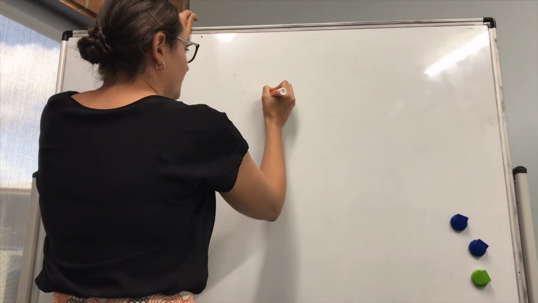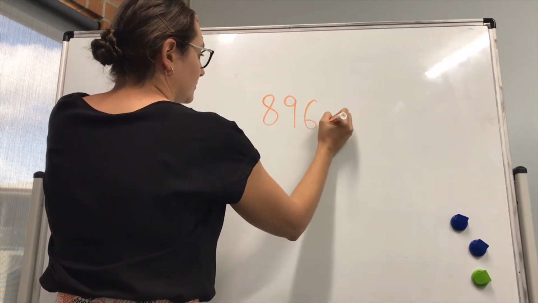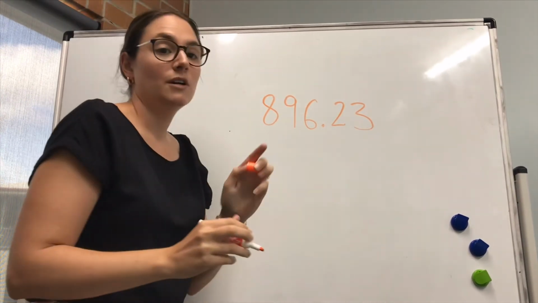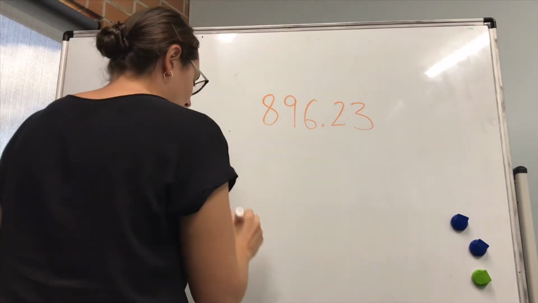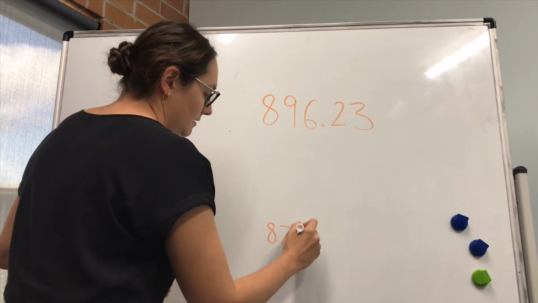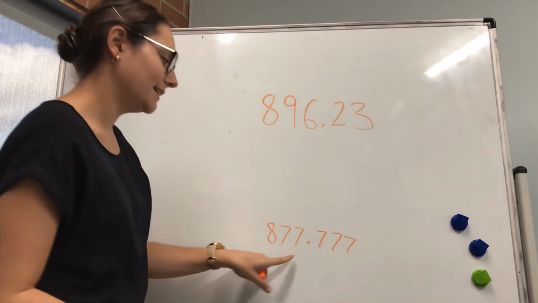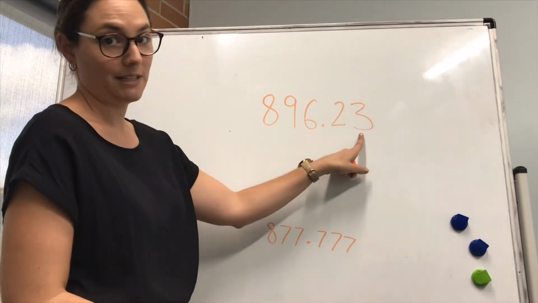So if I have this number, 896 decimal 23.23. If I have a number that looks like this, this one has 1, 2, 3 decimal places, and this one only has 2.